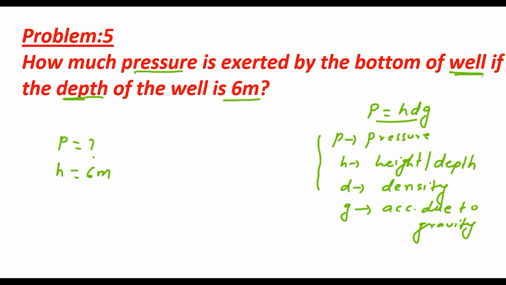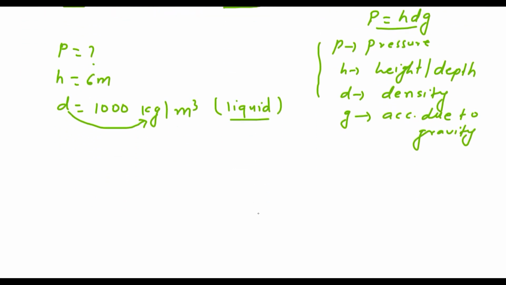In the well there is water, so we know that the density of water is 1000 kg per meter cube, because the unit of density is kg per meter cube. So density becomes 1000, and pressure equal to h d g.